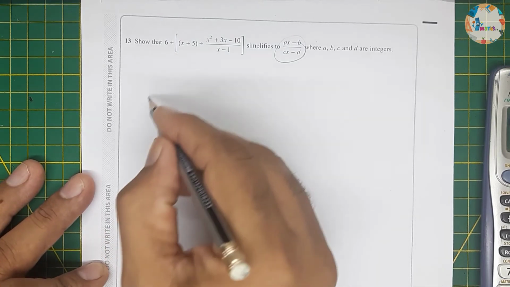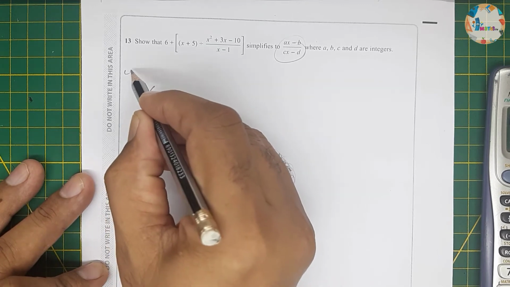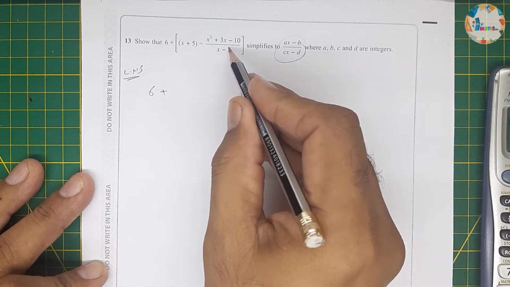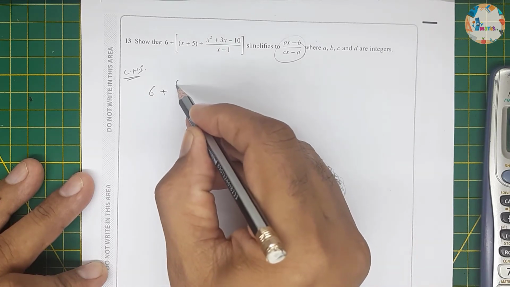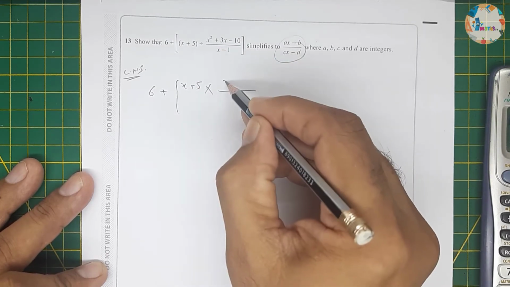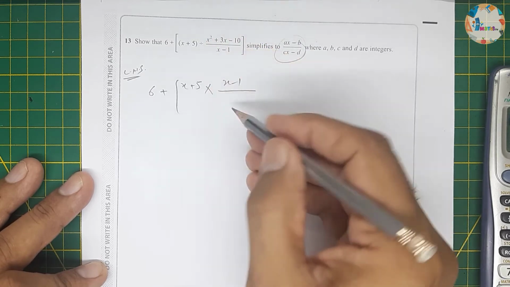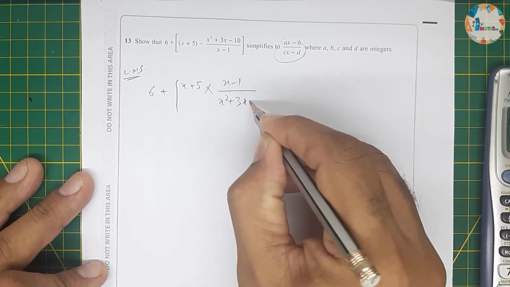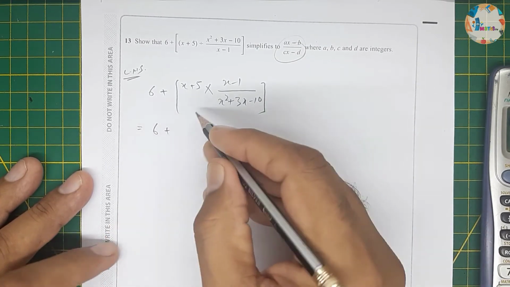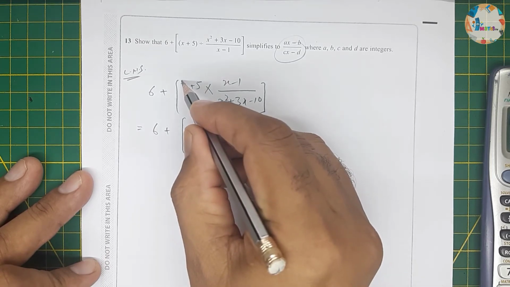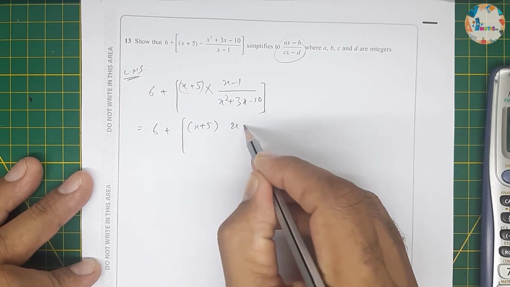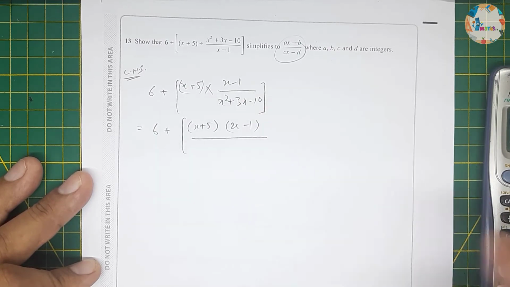So what we can do, we can write here 6, this is the left hand side basically we will be taking, and 6 plus this will be, we can factorize this x plus 5 as it is, and multiplication, this will be x minus 1 over x squared plus 3x minus 10, and now next step we can write 6 plus this one as it is, x plus 5, and x minus 1 over, we can factorize this.